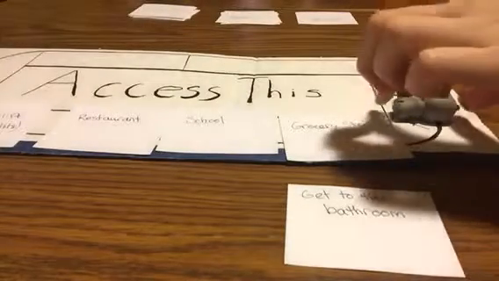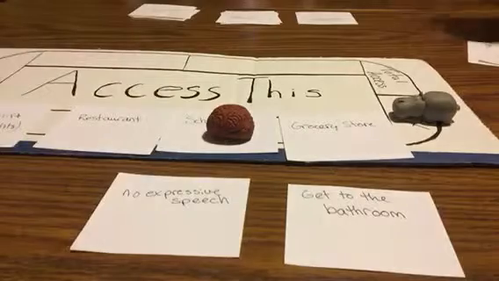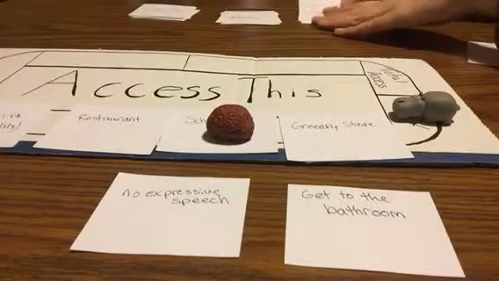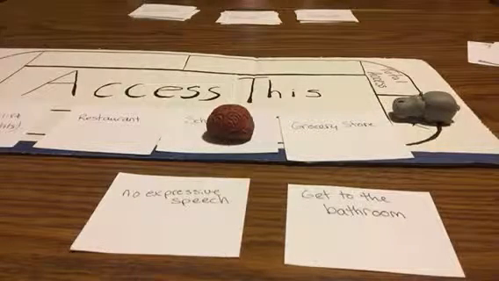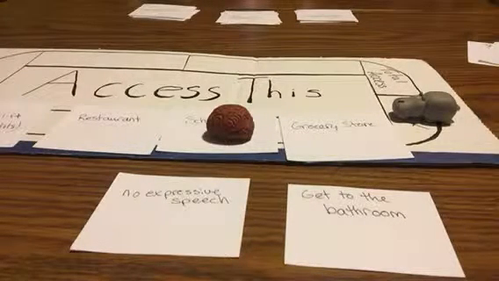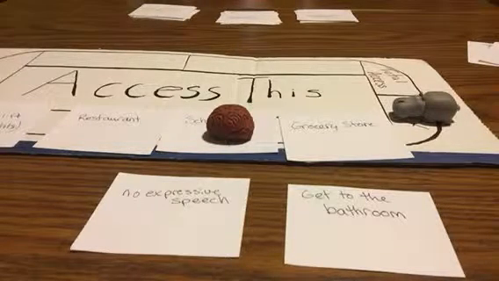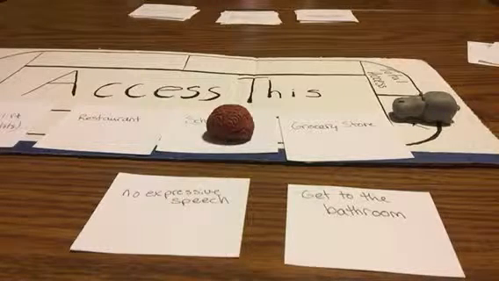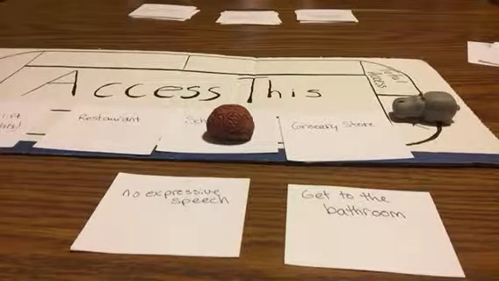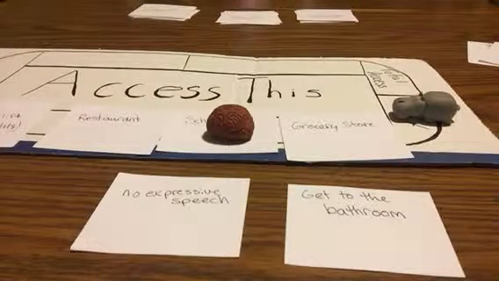All right. Move forward 1. Awesome. So my disability is no expressive speech, and I'm going to use the modification of a high-tech device. Like an AAC device, maybe a text-to-speech, or I forget what they're called, but something we used in the lab last week to record a message, was it a GoPro or GoText?